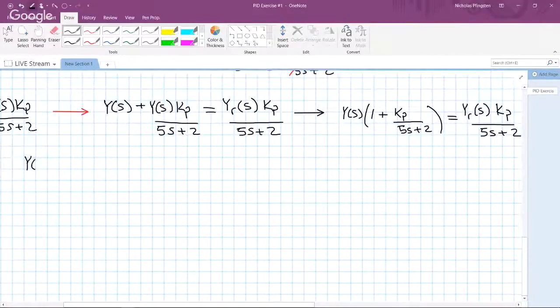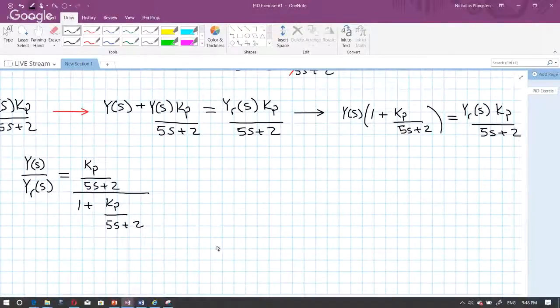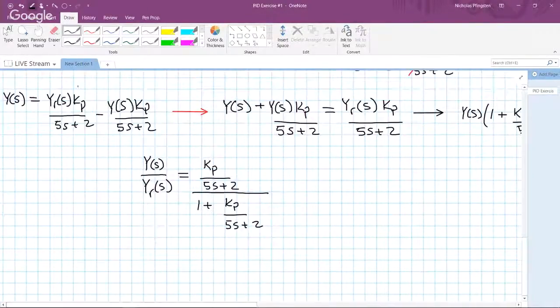So we have Y of S all over Y sub R of S equal KP all over 5S plus 2, 1 plus KP 5S plus 2. I'm going to move this over to the left, and we're going to simplify this a little further.